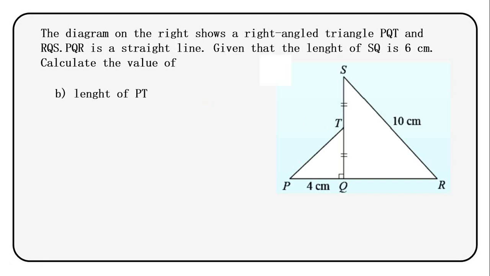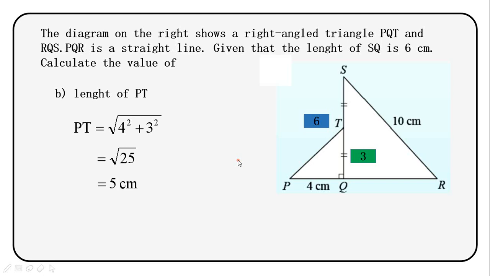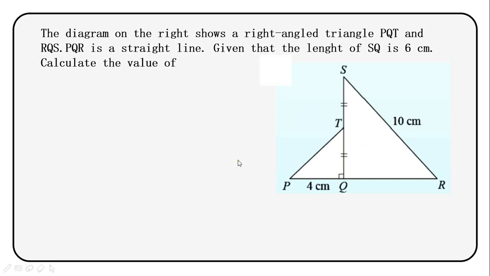Next, length of PT, we use the same Pythagoras theorem. So we know that SQ is 6. So T is the midpoint. So TQ is 3. So PT is equal to the square root of 4 squared plus 3 squared. So we get 5. Next, C, sine angle QRS.